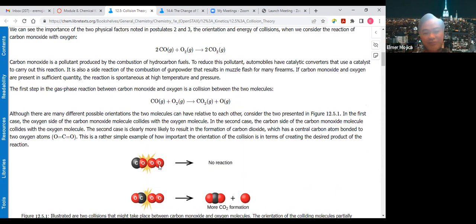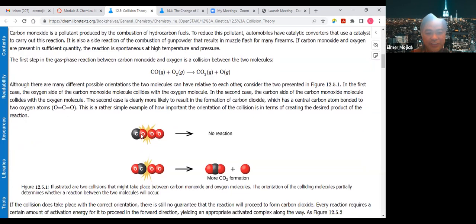Like for instance, when oxygen reacts with CO, if the oxygen in the CO hits the oxygen molecule, wala kang reaction. But if it's the carbon in CO that hits the molecular oxygen, doon ka mag-perform ng CO2. Yun yung tinatawag nating effective collision.